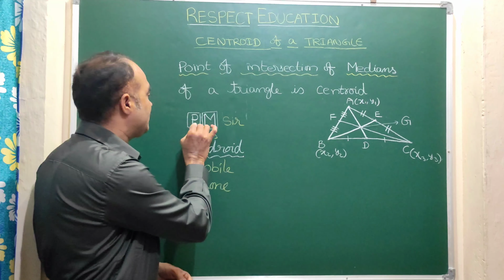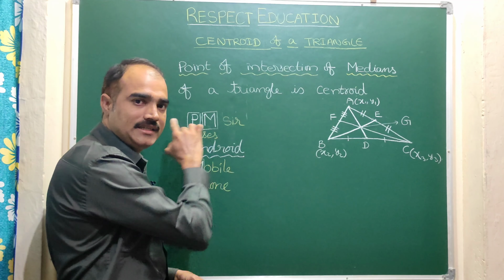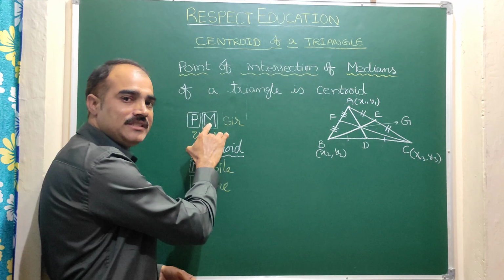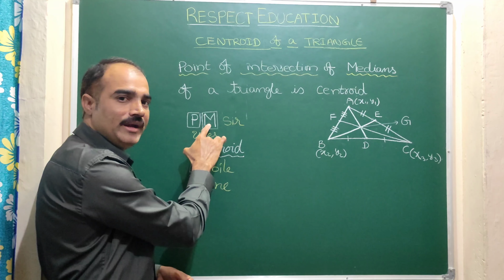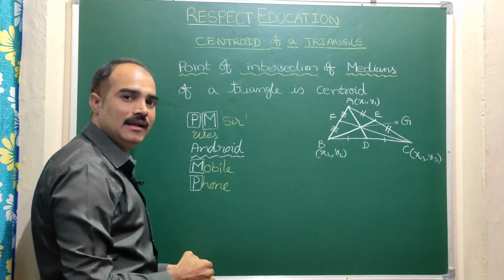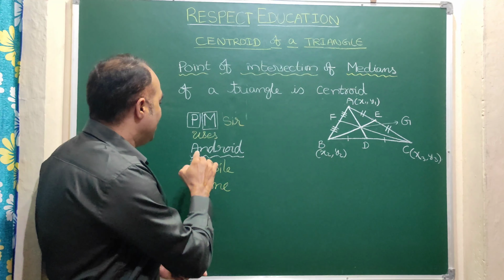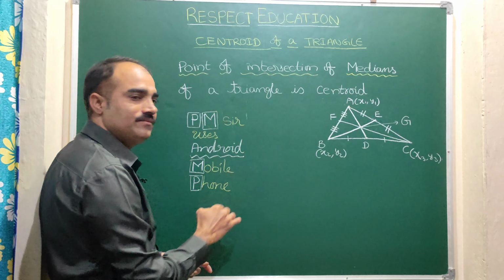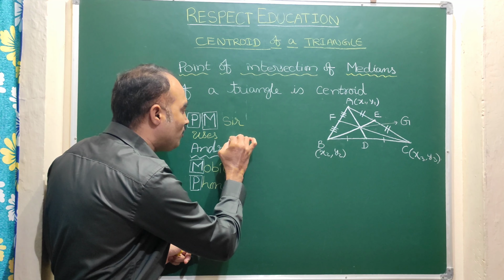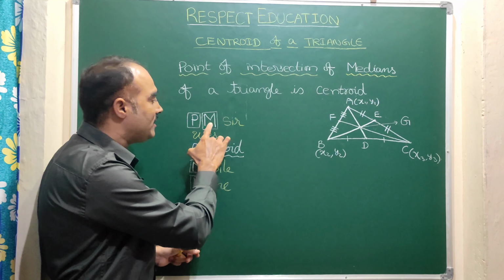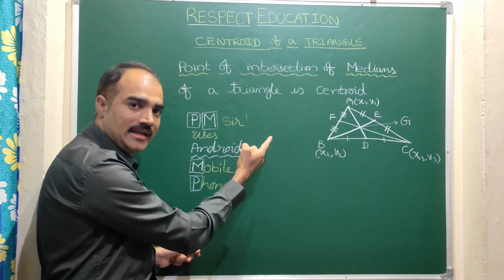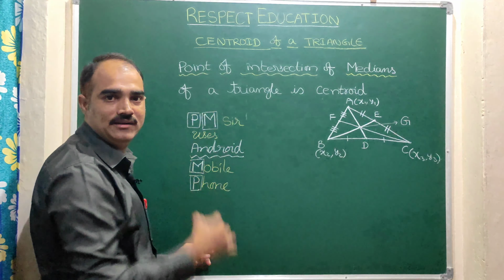Here P stands for point of intersection, M stands for medians. Point of intersection of medians of a triangle is called, here you see android, you just convert in your mind this as centroid. So point of intersection of medians of a triangle is called centroid.